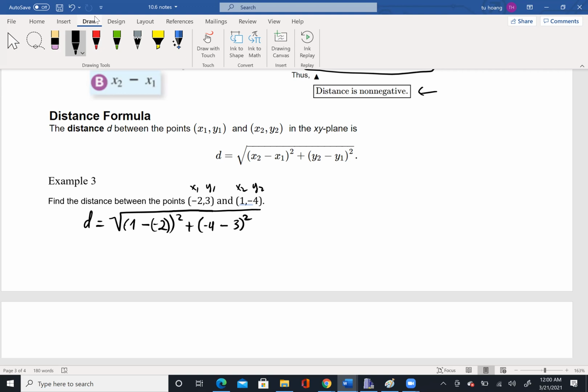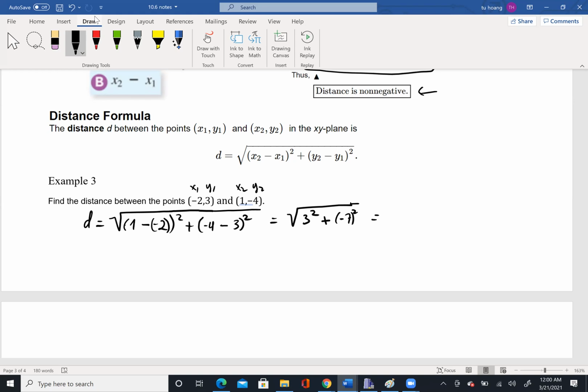And now let's simplify it. I have the square root of (1 plus 2, which is 3) squared, plus (-7) squared. So I will have 9 plus 49. 9 plus 49 is 58.